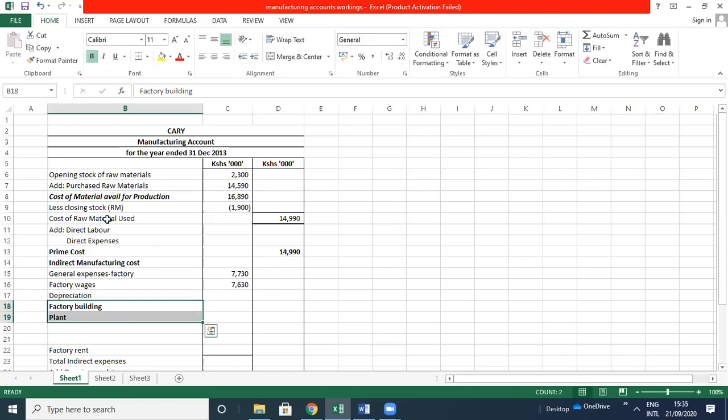Depreciation is twofold: one for the factory.